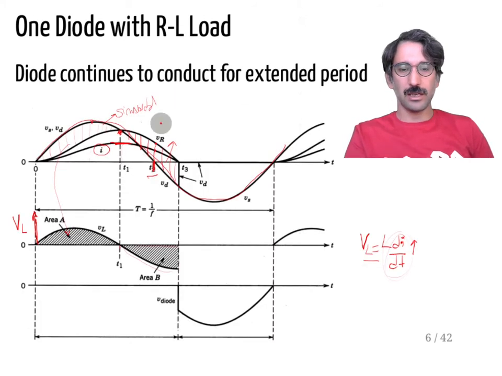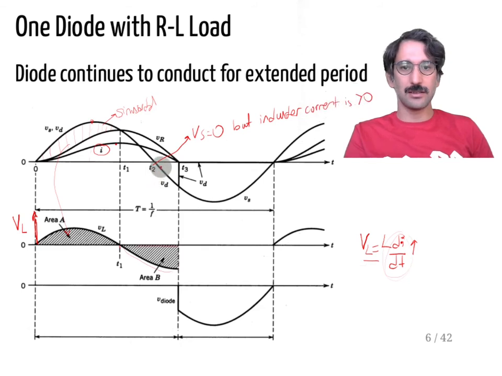So because of that, let me clean these parts a little bit. So after that part at T2, Vs is 0, but inductor current is larger than 0. Okay, so that is our inductor current.